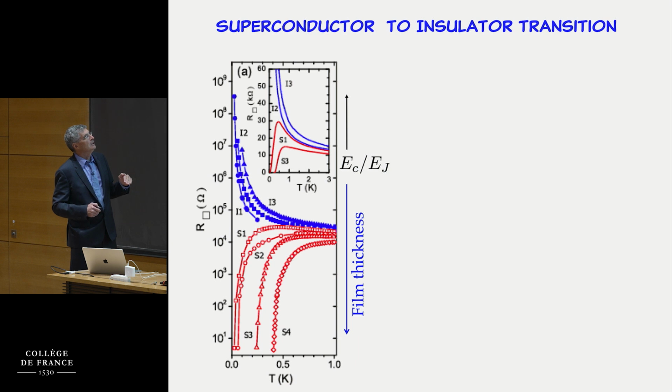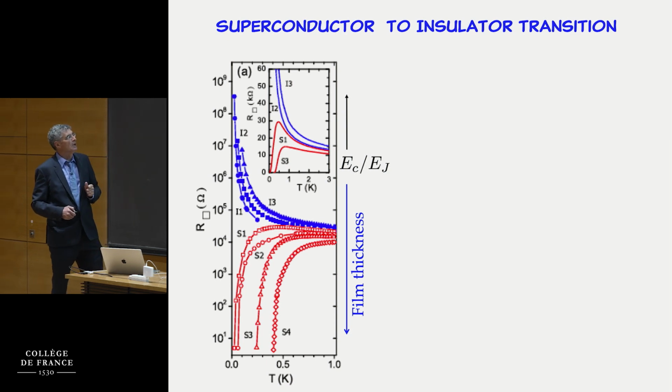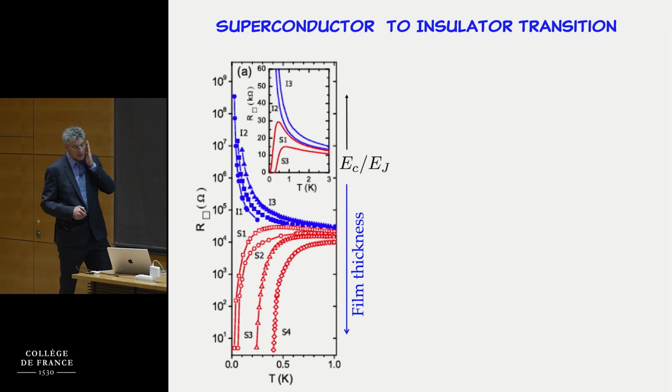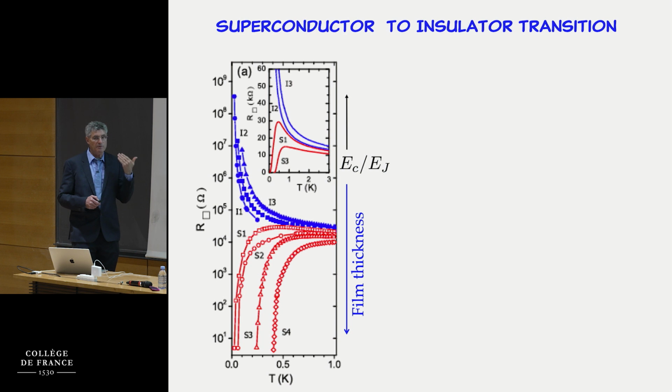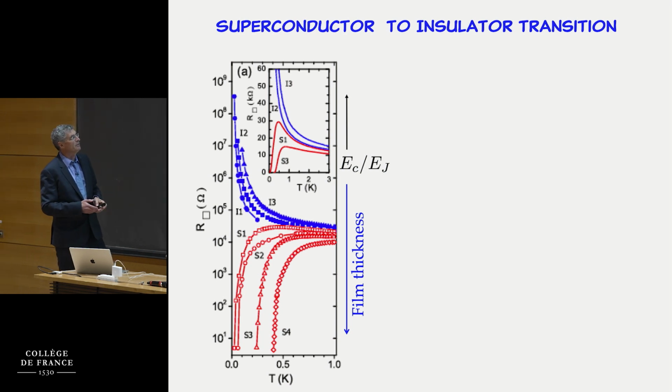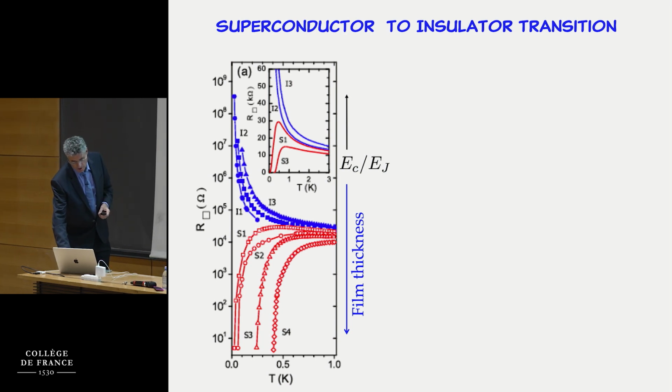And here, E_C becomes dominant over E_J, and the system turns into an insulator. And this is a beautiful example of the kind of critical behavior one sees in transport around the quantum critical point. So this was analyzed many years ago, again, in terms of the same field theory that we described before. And this was always called the quantum critical point.